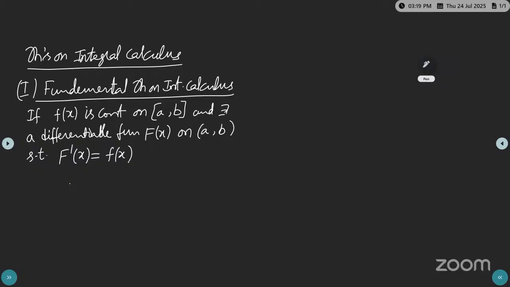That is, small f is the primitive of capital F. Primitive means, listen, if you do the integration for this, what will you get? Integration and differentiation cancel. You are going to get capital F. So you can write capital F is the primitive of small f.